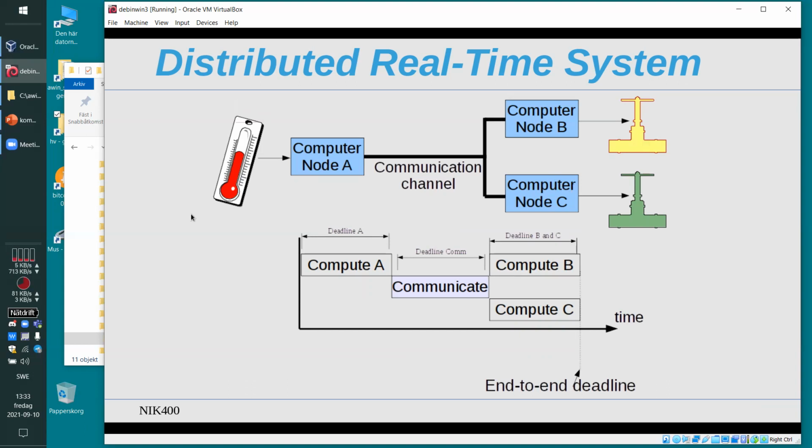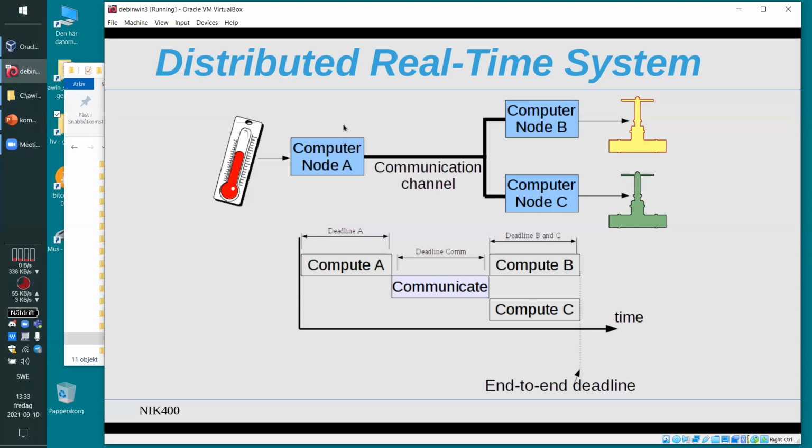So here, the sensor could be the brake pedal, and the other computers could be the brakes in the car, because the driver wants to brake. So then you very often have an end-to-end deadline here. The time from when you do something here shouldn't exceed some maximum time, like a certain number of milliseconds, before the system reacts at the other end.